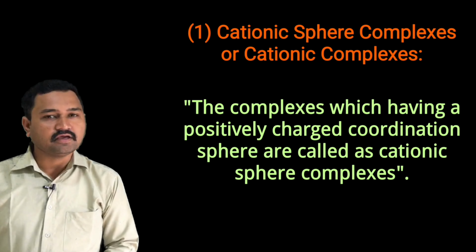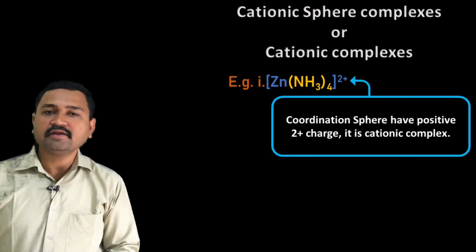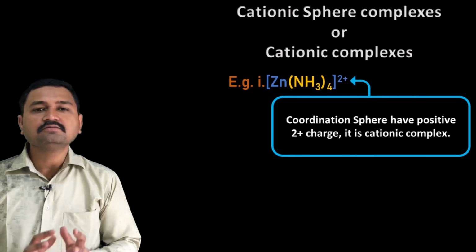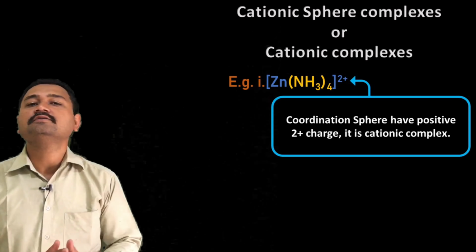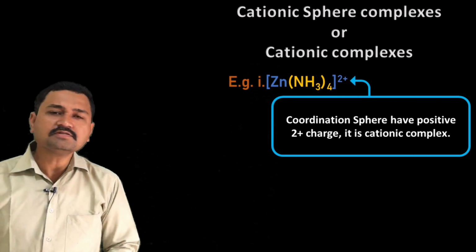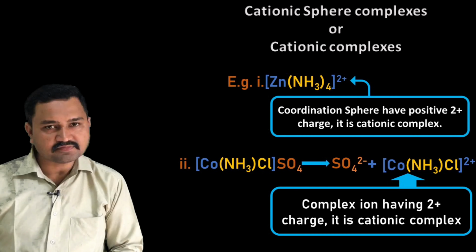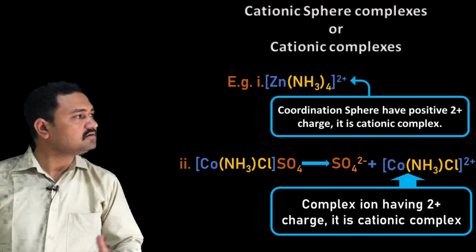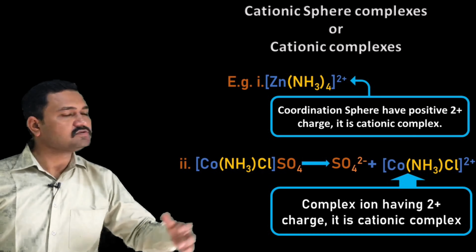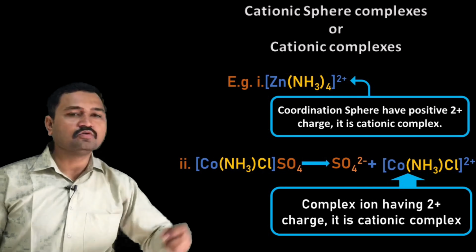If we consider an example, in the coordination sphere [Zn(NH3)4]2+, as this coordination sphere has the plus 2 charge, it is a cationic sphere complex. If we consider the second example, [Co(NH3)5Cl]SO4, this coordination complex after dissolving gives the [Co(NH3)5Cl]2+ complex ion plus the SO4 2- ion.